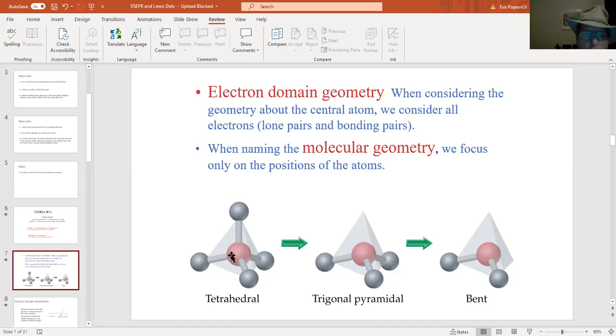So instead of having all 4 of them sitting on a plane 90 degrees from one another, I can prop up one and let the other three kind of dangle below. And so instead of having a bond angle of 90 degrees, I have a bond angle of 109.5. Bottom line, VSEPR dictates that the electrons are going to be as far apart from one another as humanly possible. Okay?